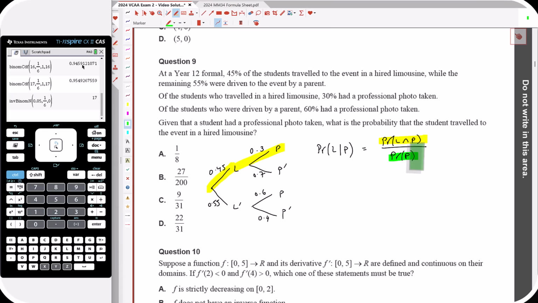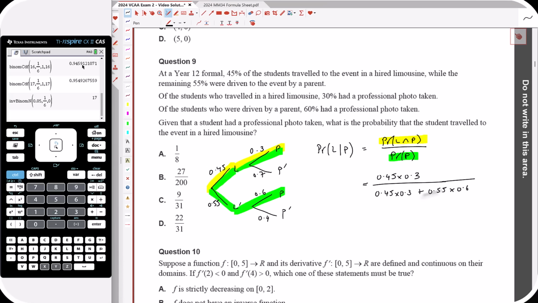The probability of P, the probability I had the professional photo taken, is that branch and that branch. So we're going to need 0.45 times 0.3 over 0.45 times 0.3 plus 0.55 times 0.6.